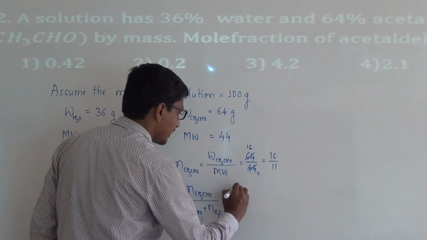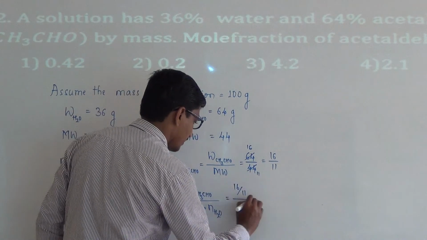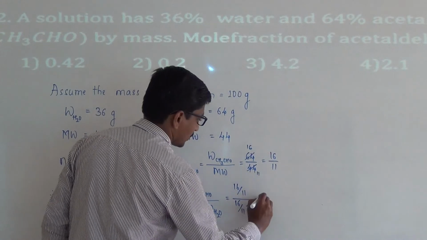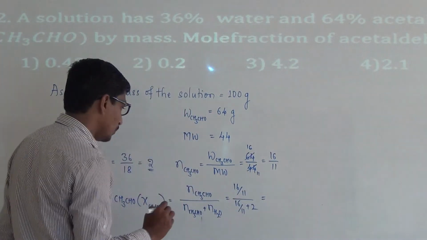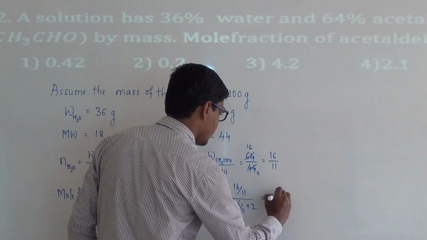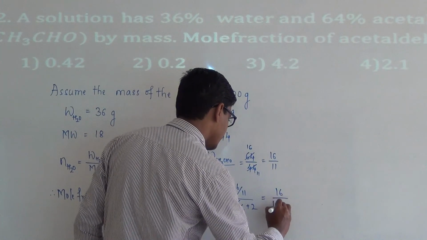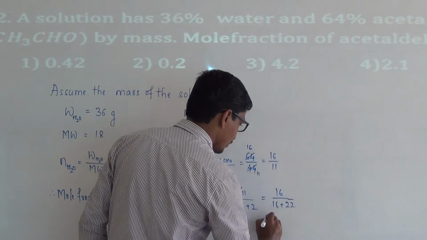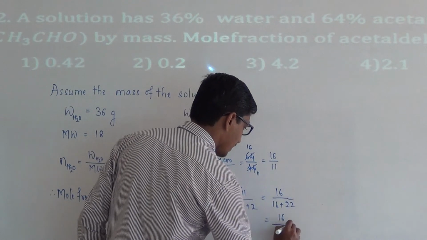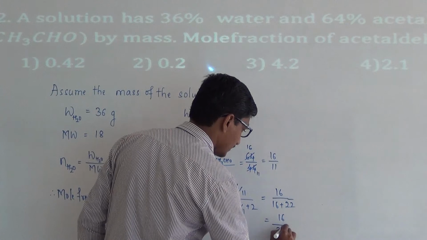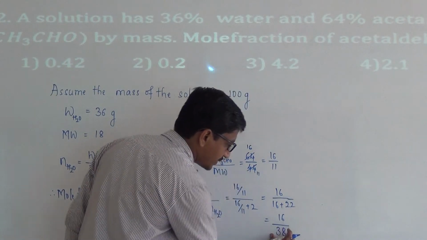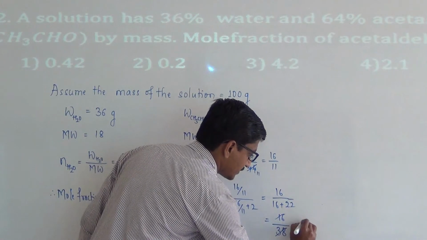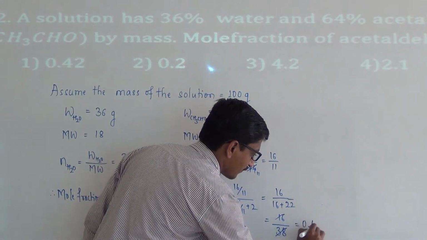Number of moles of acetaldehyde is 16 by 11 divided by 16 by 11 plus 2. LCM is 11. 16 divided by 16 plus 22. This is equal to 16 by 38, and this one is rounded off to 0.4.